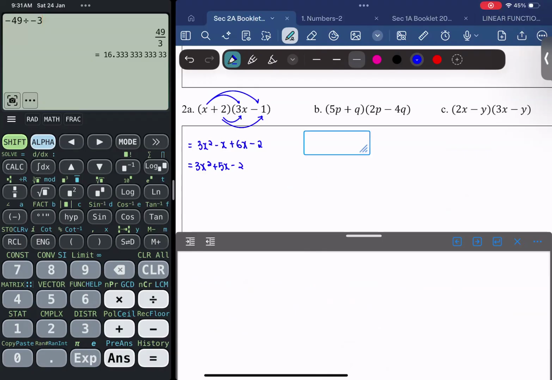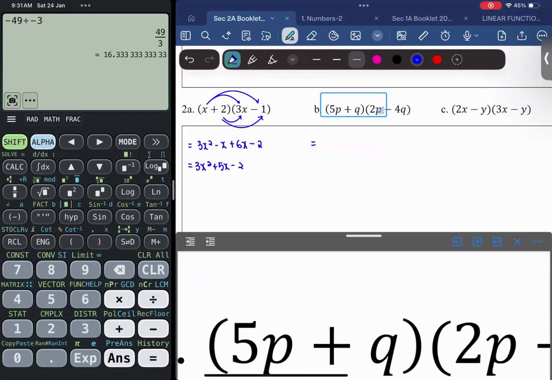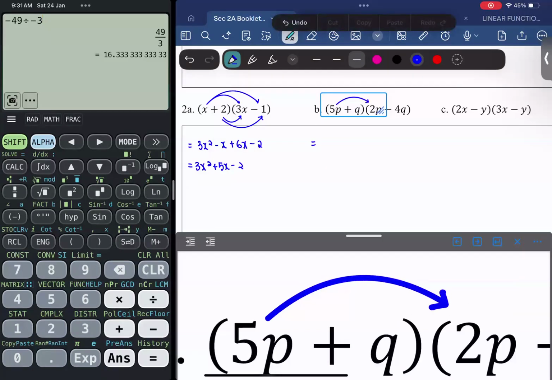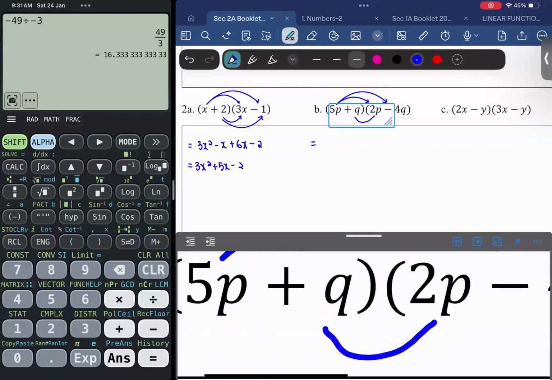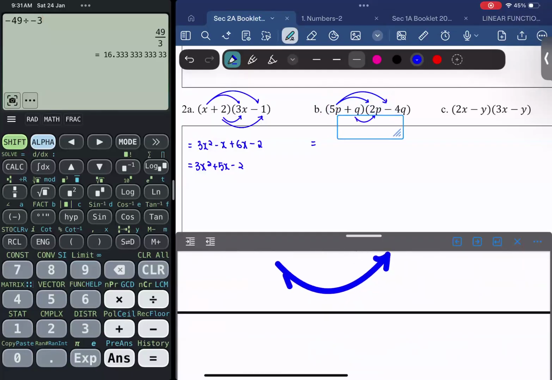Next one. Open up the bracket again. 5p must times both numbers. Q must also times both numbers.